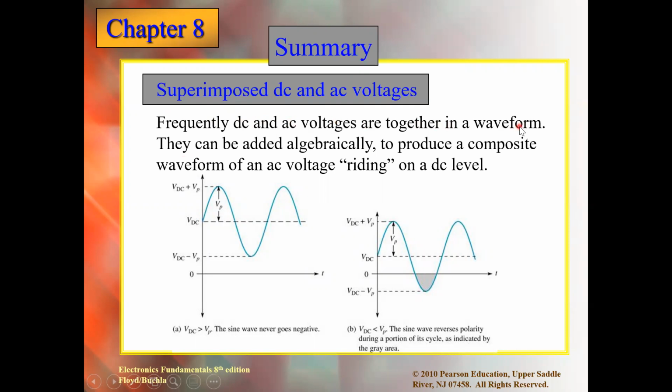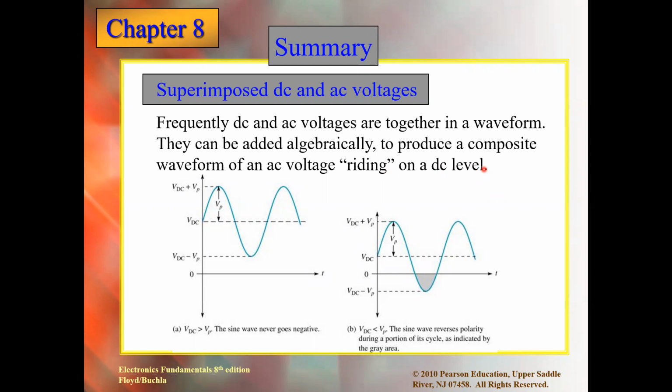If both are together in a waveform, they can be added algebraically to produce a composite waveform of an AC voltage riding on a DC voltage.